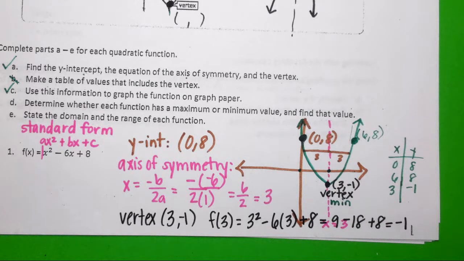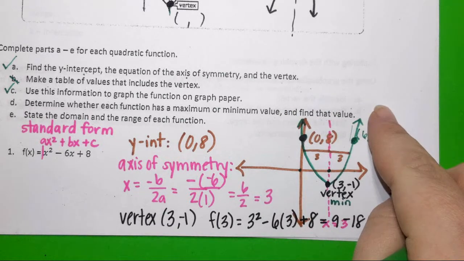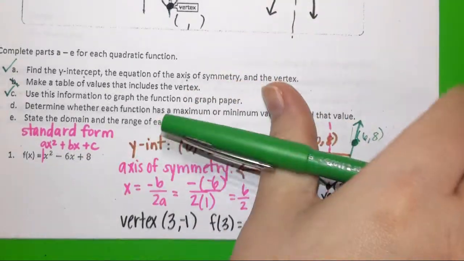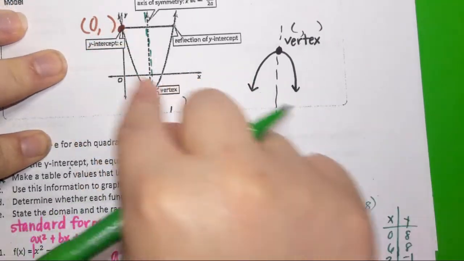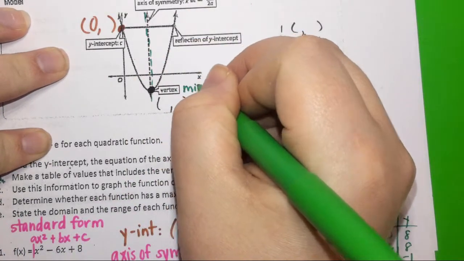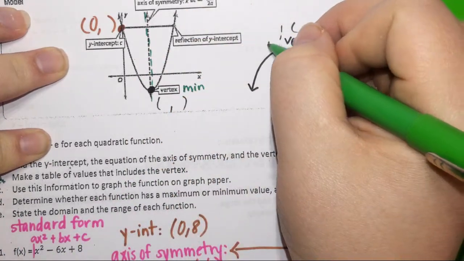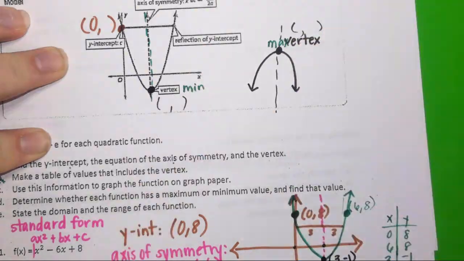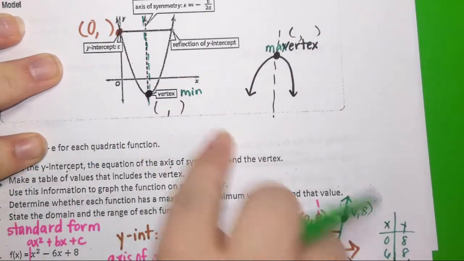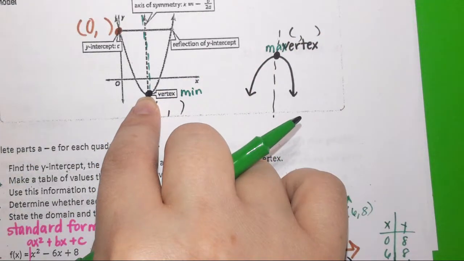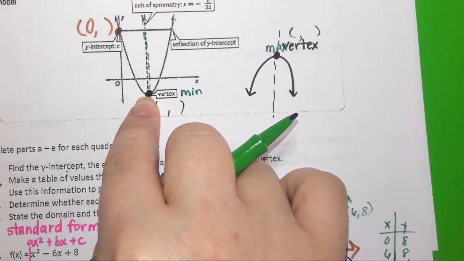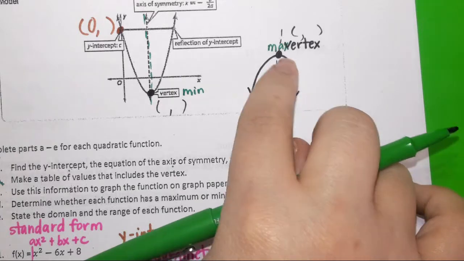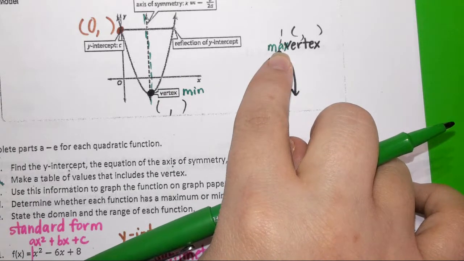Either it looks like a valley, like ours does, and it's a min, or it looks like a mountain, like our example up here, and it's a max. So if it looks like a valley, it's a min. If it looks like a real big hill, it's a max. And this lowest point, the bottom of our valley, is the vertex. So our min happens at our vertex. And the highest point is also our vertex, so our max happens at our vertex.